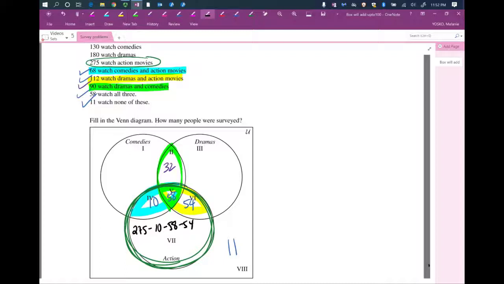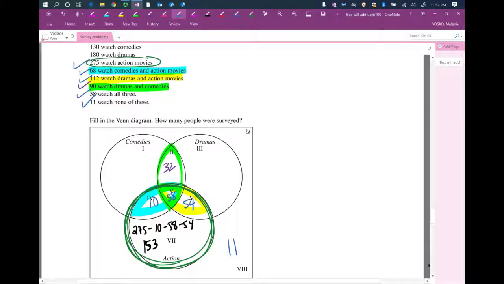So 275 minus 10 minus 58 minus 54. Okay, 153. Okay, why is my pencil not writing? 153 people like only action, right? Because these guys aren't in any of the other circles. So 153 like only action.